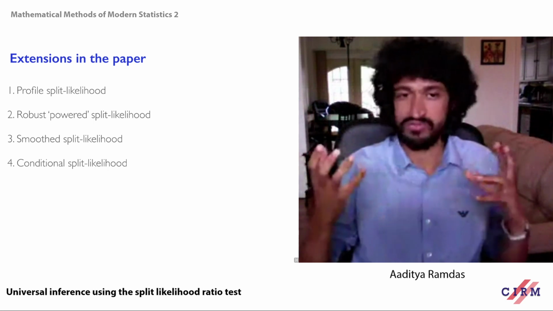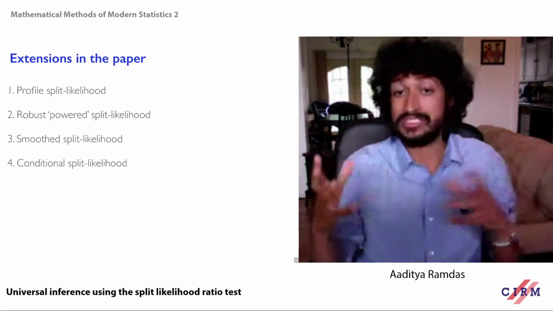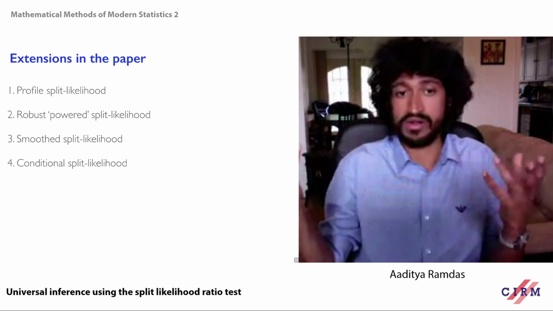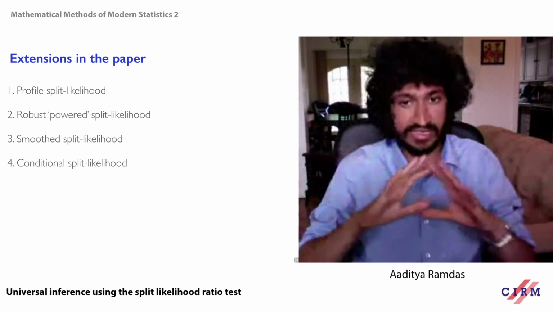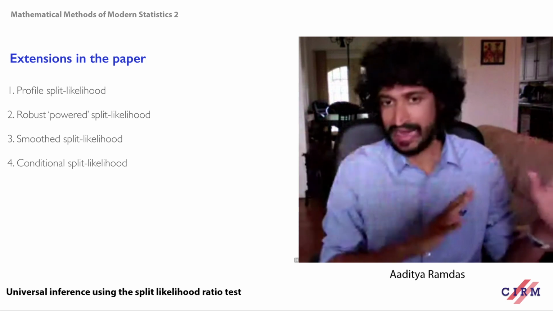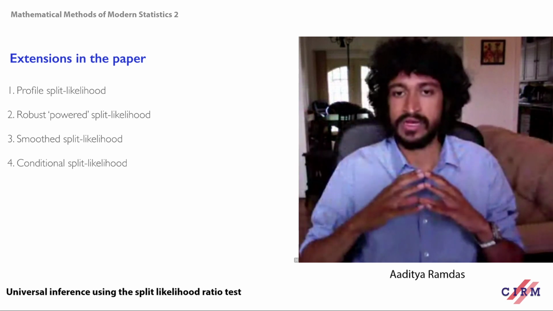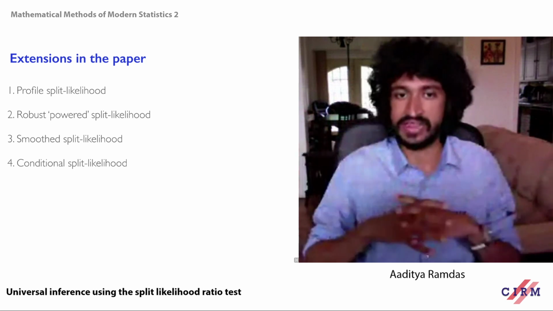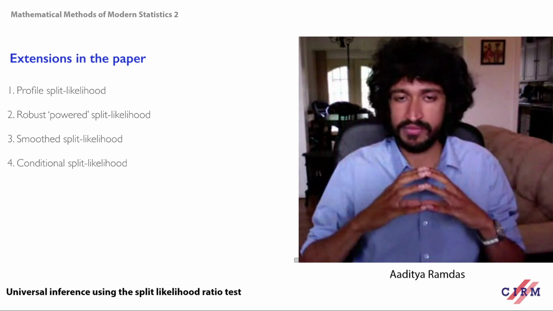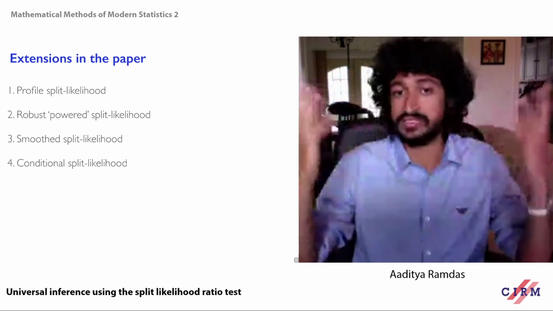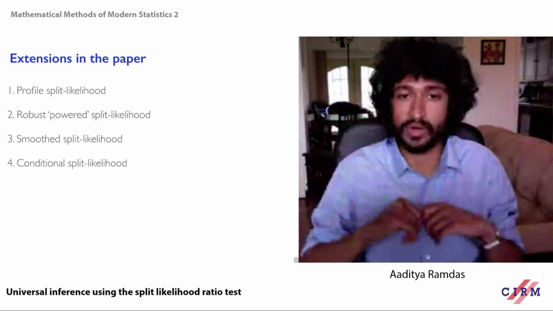It turns out that you can use a powered split likelihood if you want, and that works. It gives you correct type 1 error control. It gives you a martingale and things like that. So you can add robustness by raising the likelihood to a power.